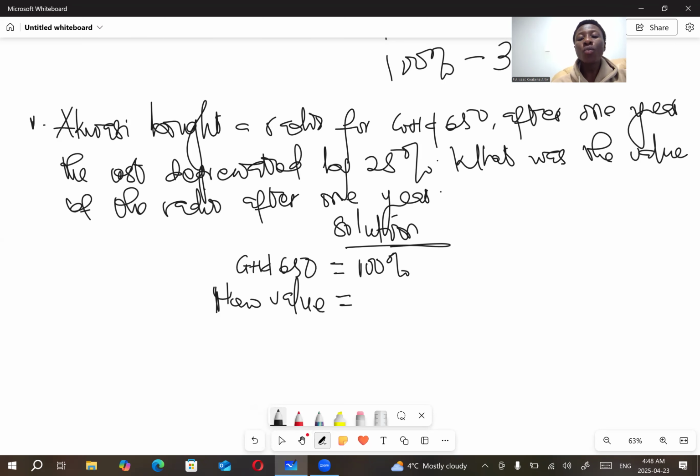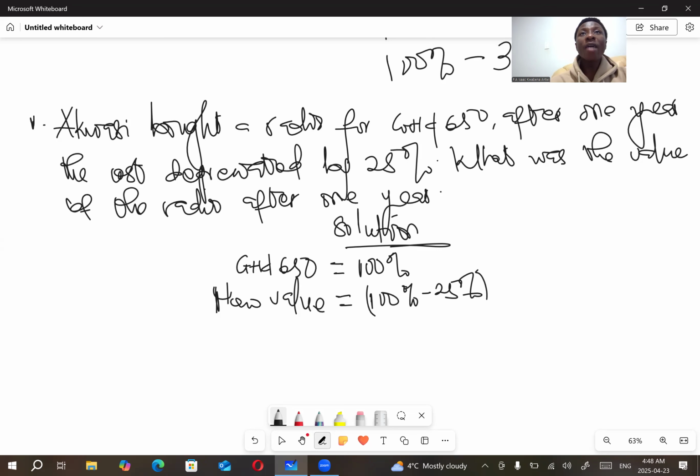So the new value will be equal to, you told it depreciated by 25%. So if you want to know the actual depreciation rate for the new value, it's all about taking it from 100. So that's going to be 100% minus 25 percent. And I've explained this.